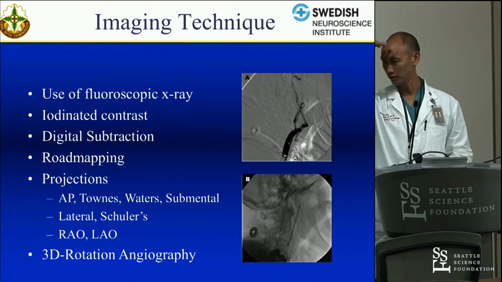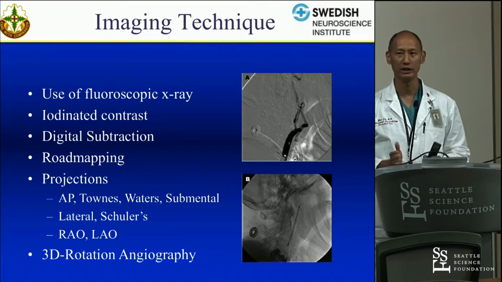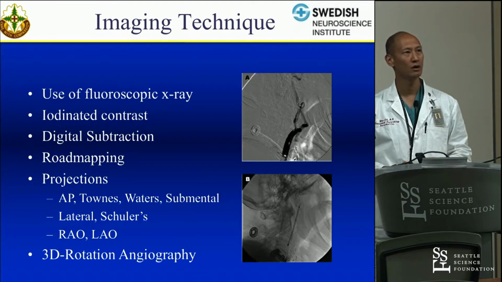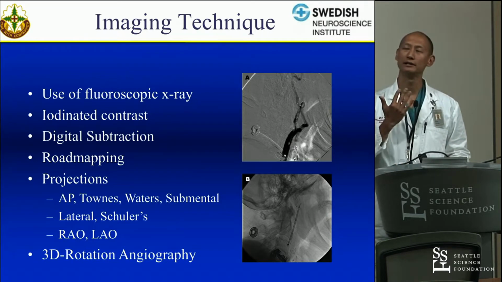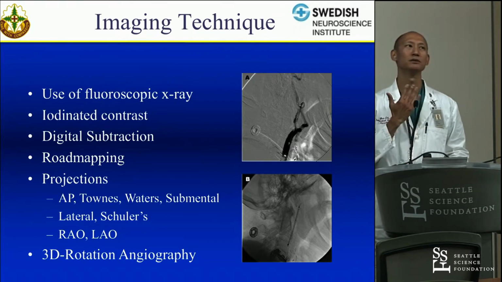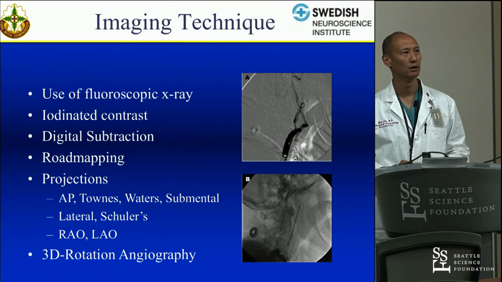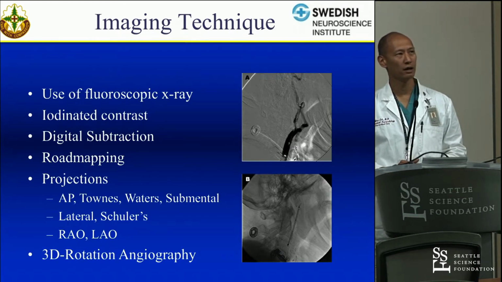Towne's, again, you're angulating down, and a steep Towne's is really useful for looking at your PCA as it wraps around the midbrain. Waters and submental views: if you want to look at the anterior communicating, oftentimes a submental and slightly oblique view lays out the anterior communicating well. With the lateral view, not a lot that I'll do with that.